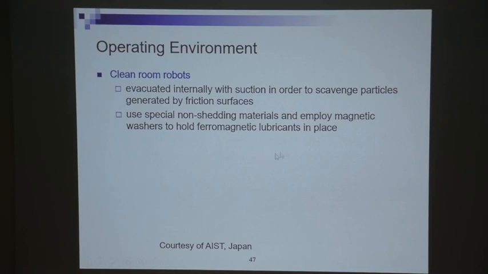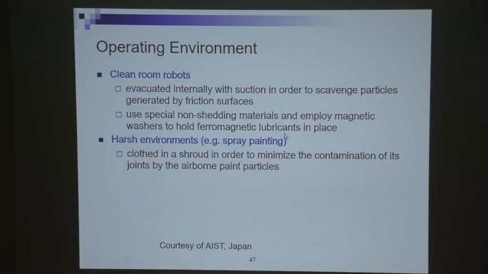And then you may also have to employ a magnetic seal to hold the ferrofluid magnetic lubricant in place. There is also the situation where your manipulator is going to work in a harsh environment, for example spray painting. So you have to coat it to minimize the contamination of the joints by the airborne paint particles.